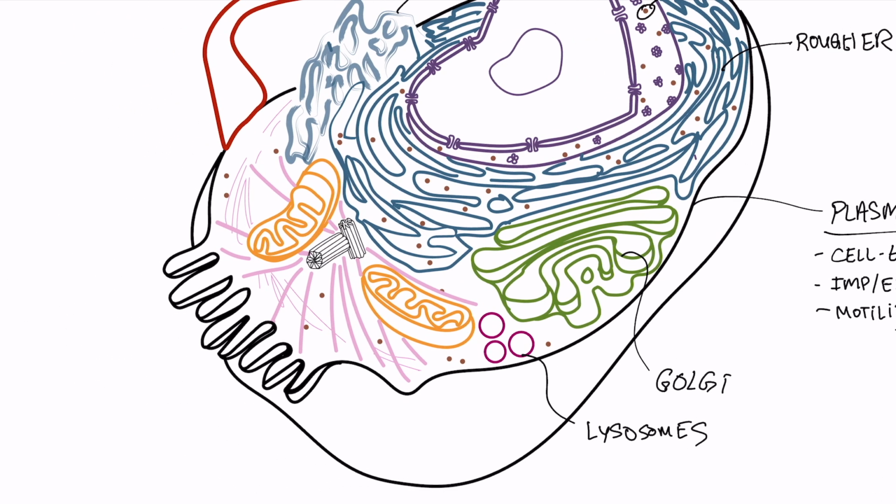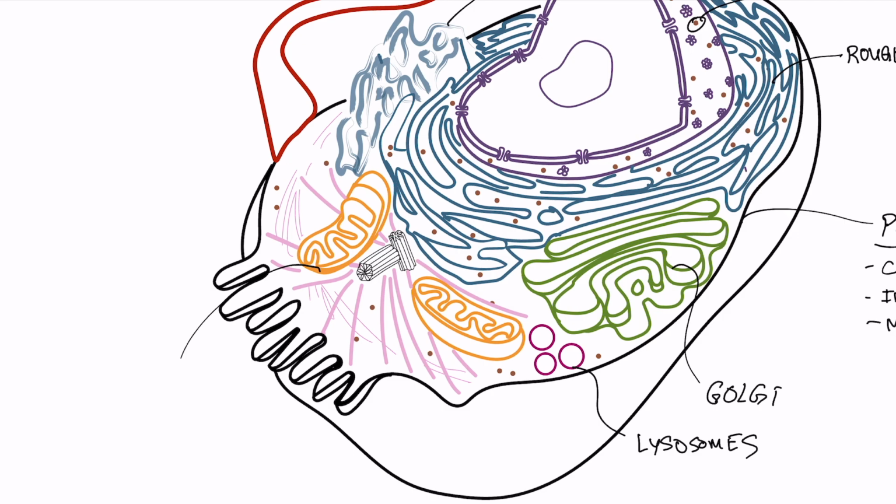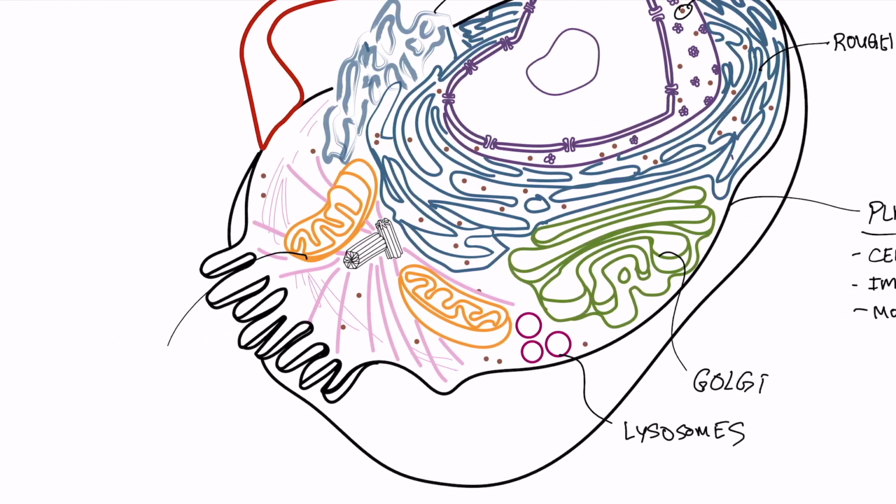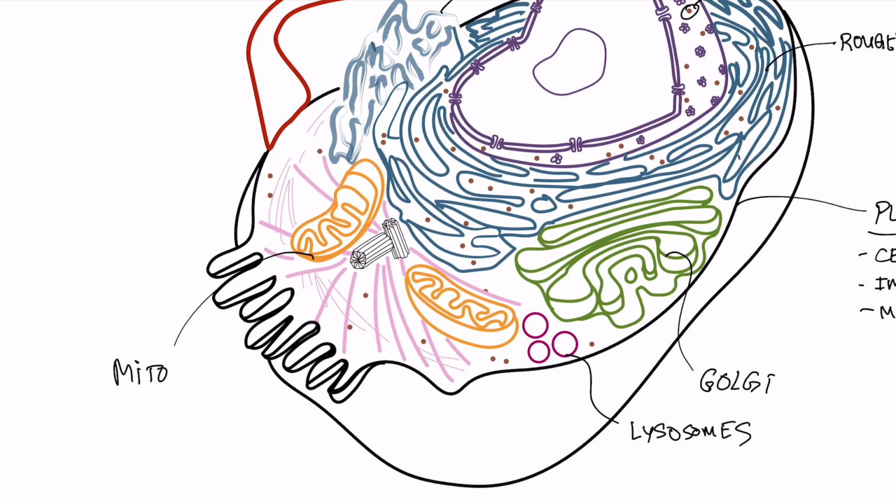In this beautiful orange color, you have mitochondria, which are the powerhouse of the cell, a site where ATP is produced through oxidative phosphorylation.